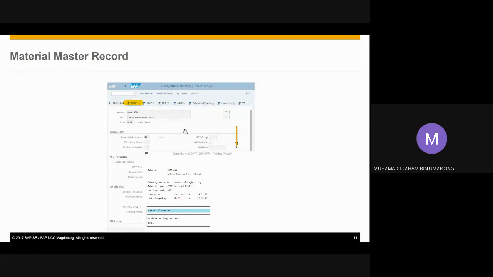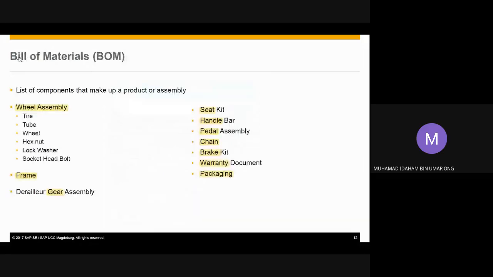So let us have a look at bill of material. Bill of material basically lists the components that make up a product assembly. Here you notice the different items or components needed for the assembly of a deluxe touring bike. You have wheel, frame, gears, seat, handle, pedal, chain, brakes, warranty, and also the packaging, the boxes you're going to put the bicycle in.